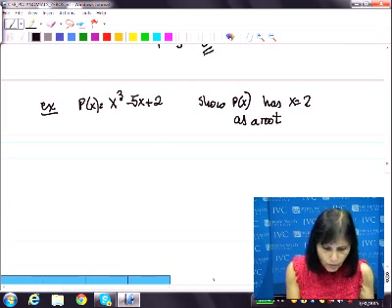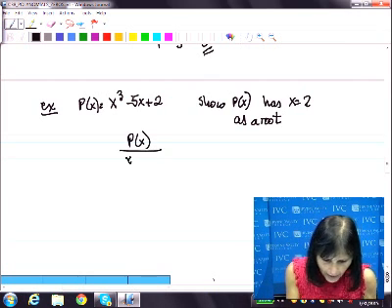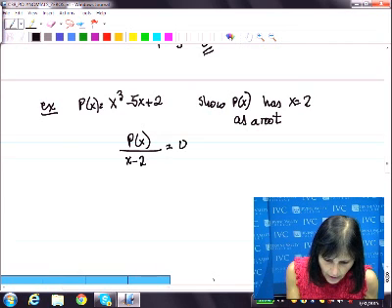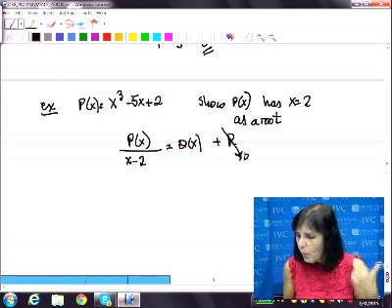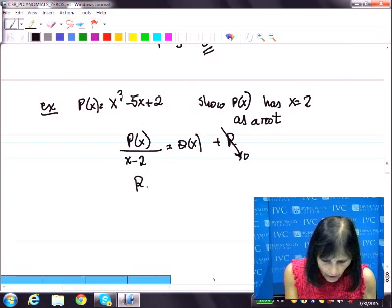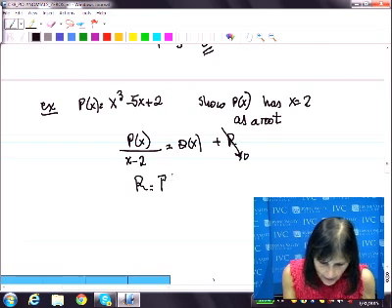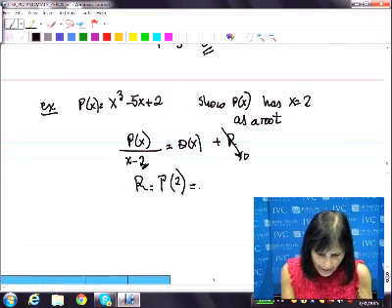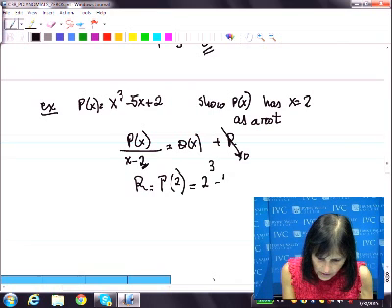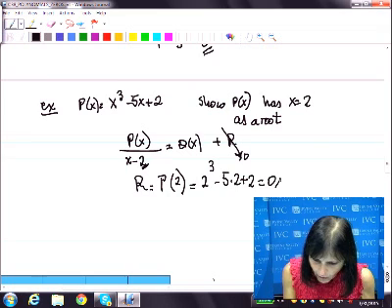If it has it as a root, that means I can take the P of x and divide it by x minus 2. I should get a Q of x and a remainder of 0. Alright? And what was the remainder? The remainder theorem says that is simply P at that value, P of 2. Okay, well, let's go plug that in. 2 cubed minus 5 times 2 plus 2, and that in fact gives me 0.